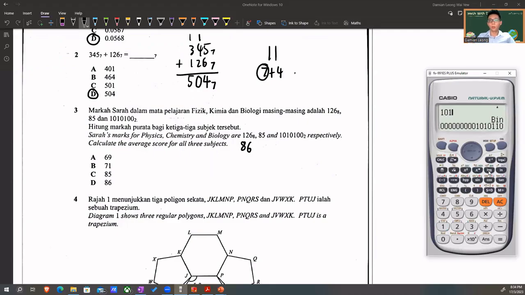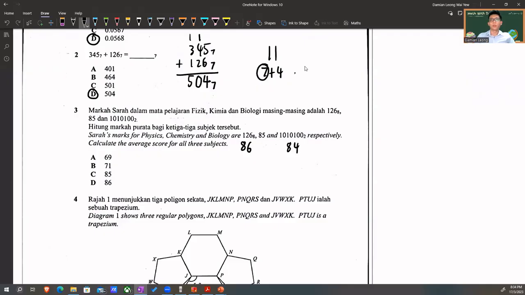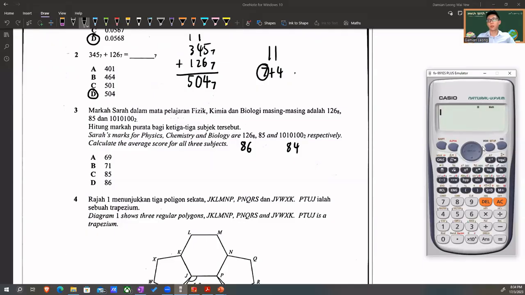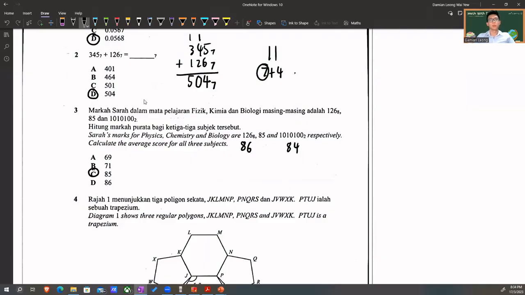So I put 1010100 equals, then decimal, 84. So the average of 86, 85, and 84: basically, add them together and divide by 3. So 86 plus 85 plus 84, added together and divided by 3, is 85. So answer C.